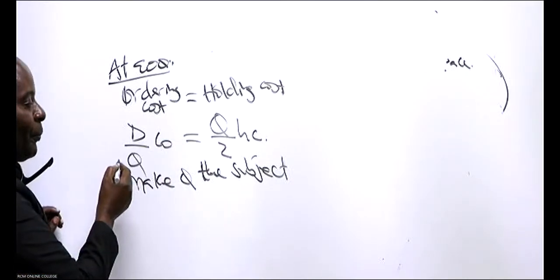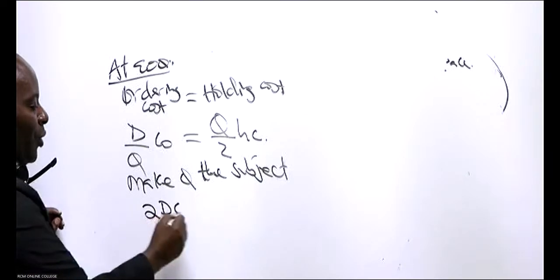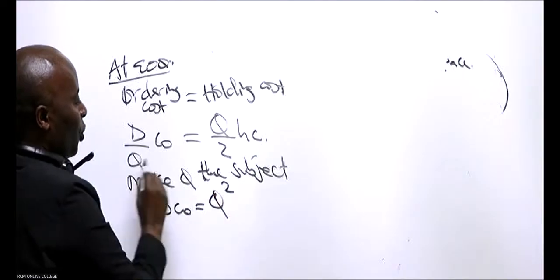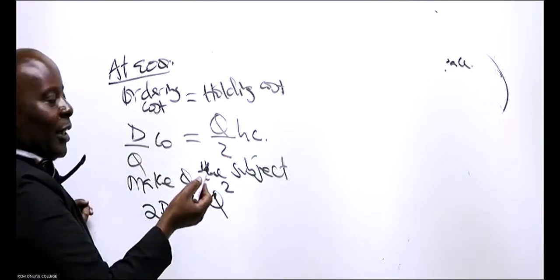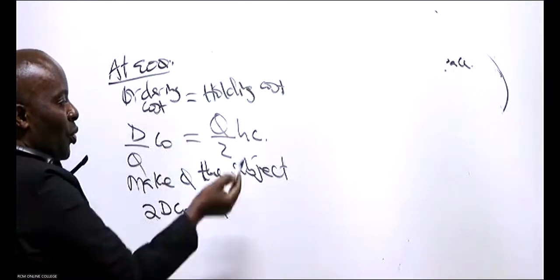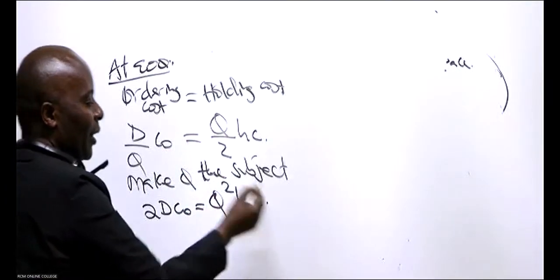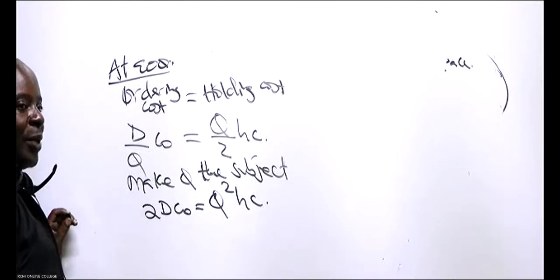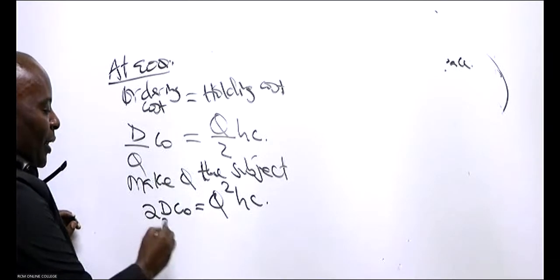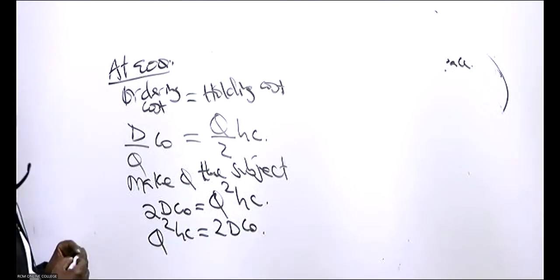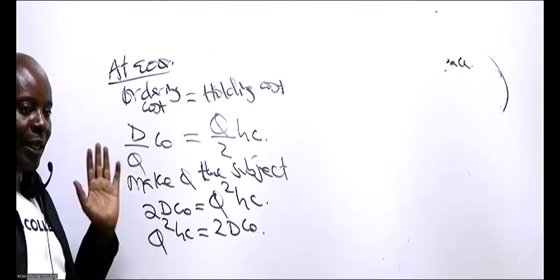So this will be 2 DCO equals Q squared, because of Q times Q. Yeah, HC, isn't it? And of course, I would want Q to be on this side, so I can interchange this comfortably. I can say it is Q squared HC equals 2DCO.